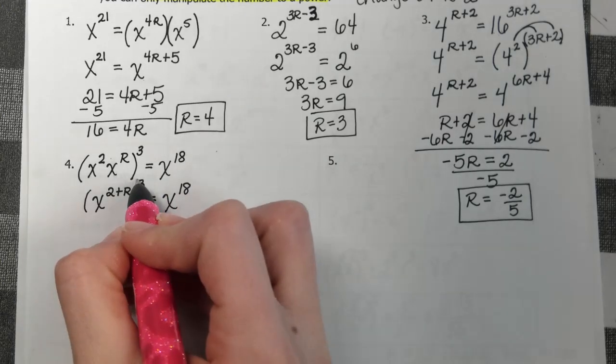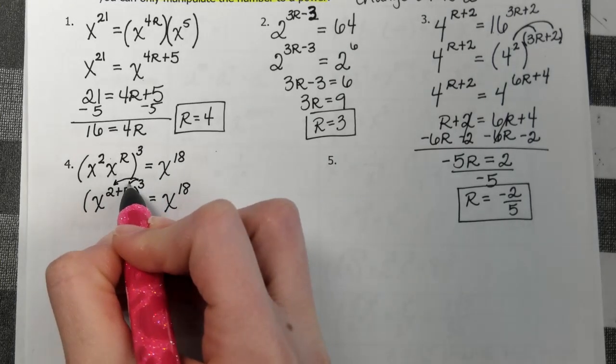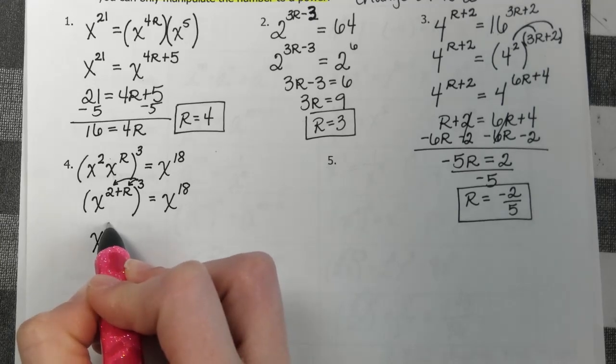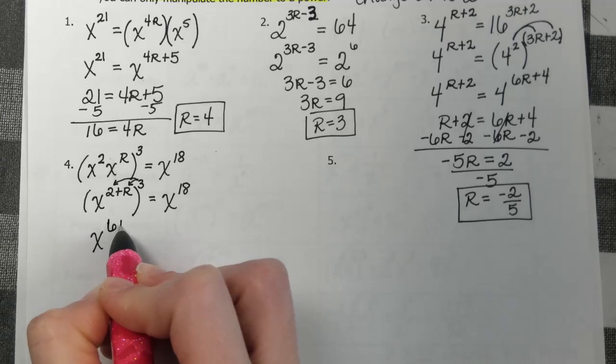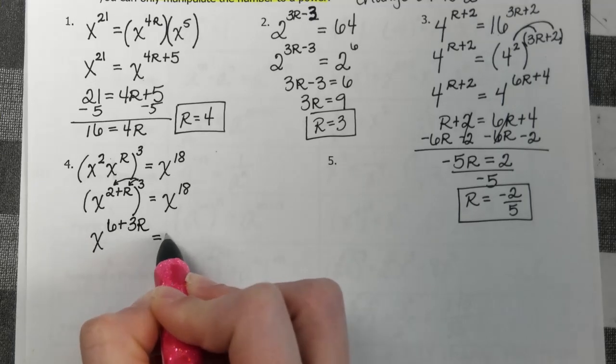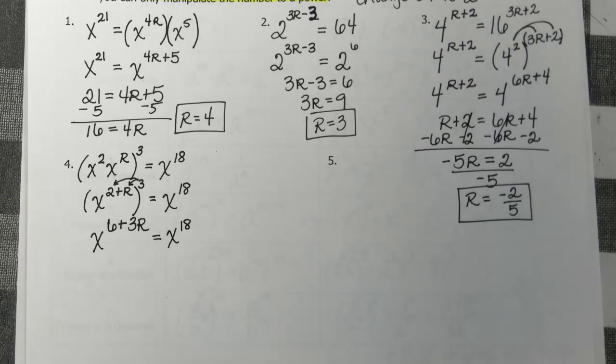So multiply it, which I'm about 2 terms, so I'm going to distribute. So that becomes x to the what power? Plus 3r equals x to the 18th.